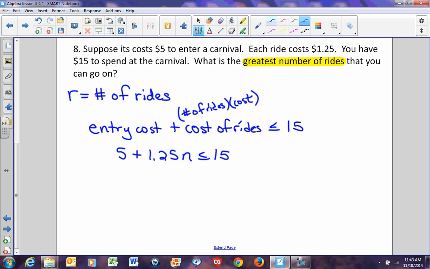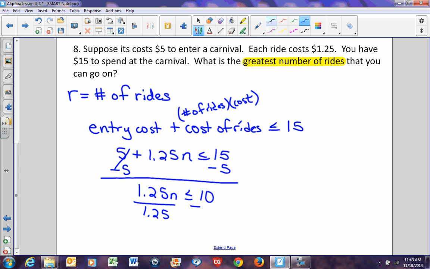So here I will subtract 5 from both sides. So 1.25n is less than or equal to 10. Divide by 1.25. N is less than or equal to 8. So what is the greatest number of rides that you can go on?